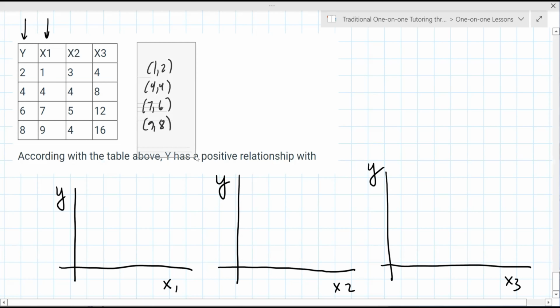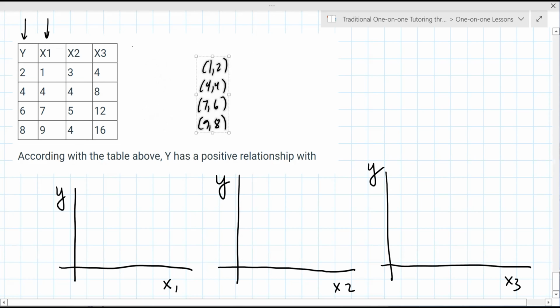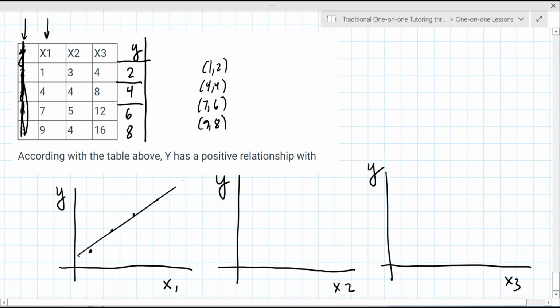Another strategy that I like is to move y over here, and then it's a little easier to digest because you're used to going left to right. So (1, 2) is there, (4, 4) is there, (7, 6) is there, (9, 8) is there. That to me looks positive, roughly.